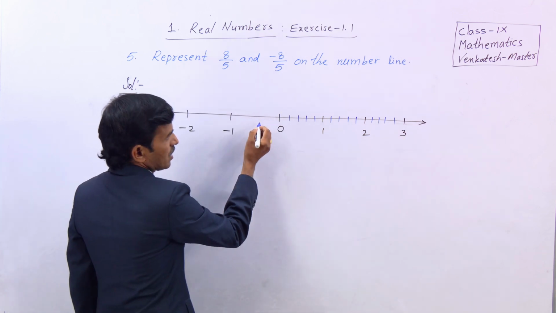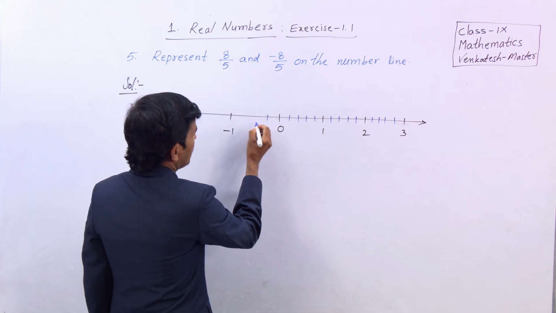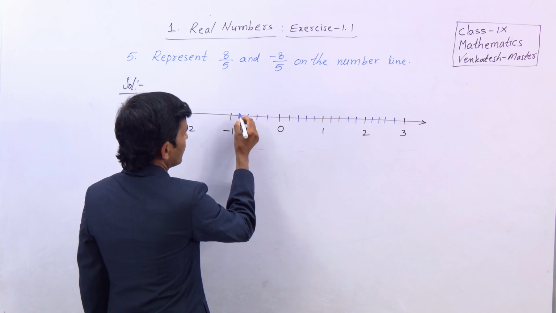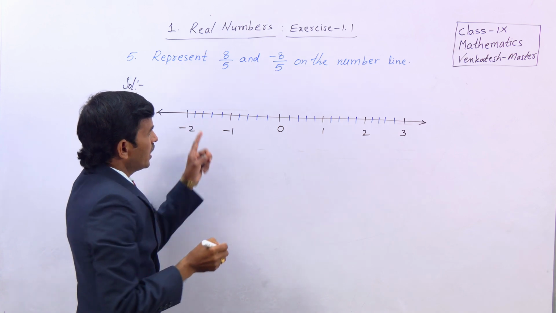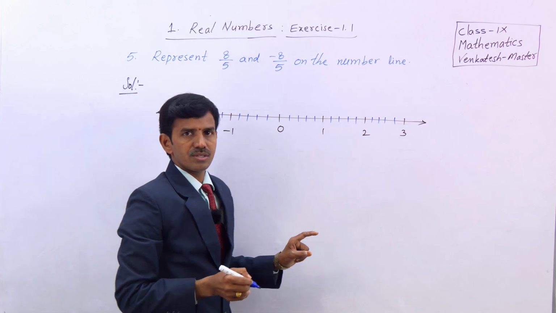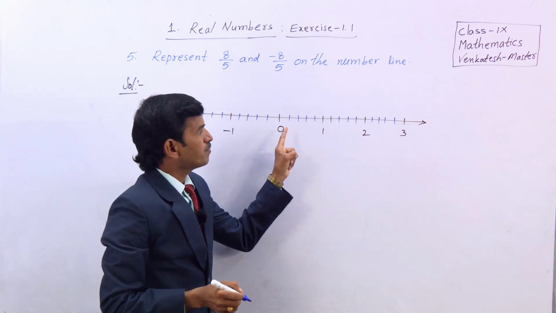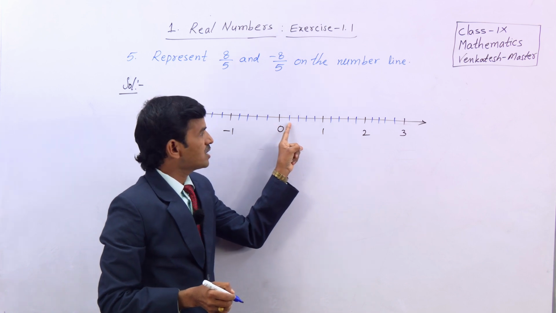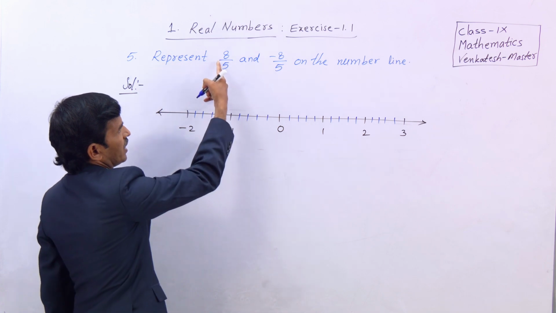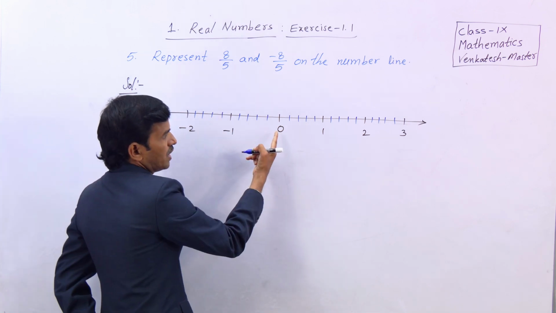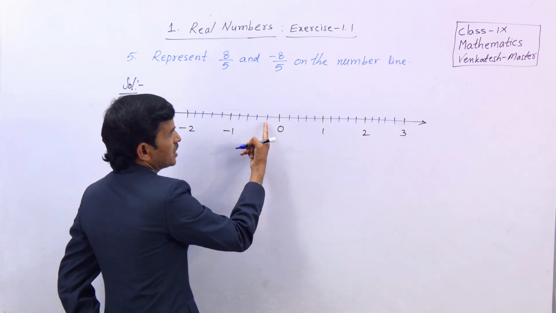Now, it must be all equal parts. When you are dividing into parts, each and every part must be equally divided. Now what parts are required here? 8 by 5. For that, count from here. Each one will become what?